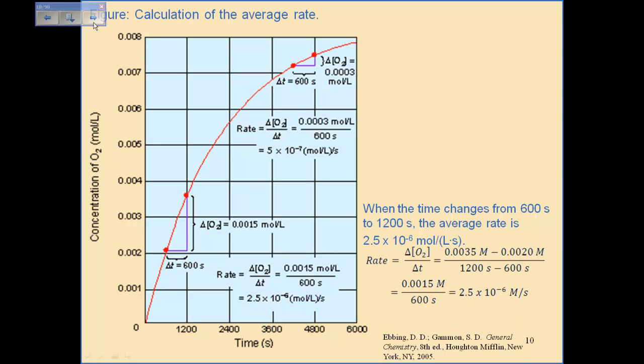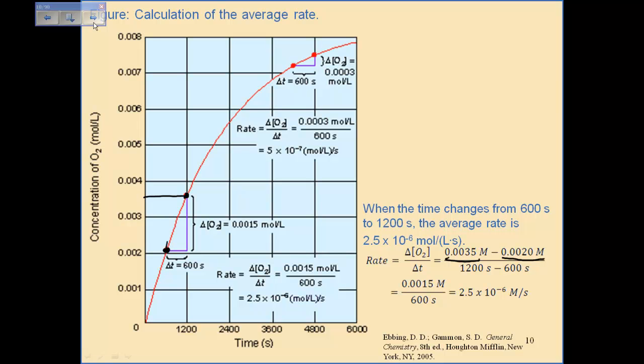For example, let's look at the change of time between 600 and 1200 seconds. At 600 seconds, there's a molarity associated with it, and at 1200 seconds, there's also a molarity associated with it, which is 0.0035 molarity.